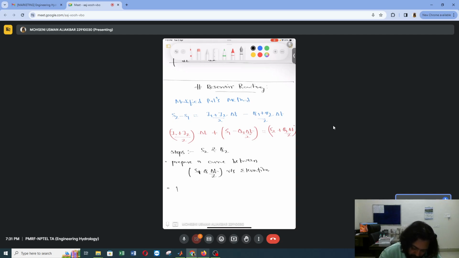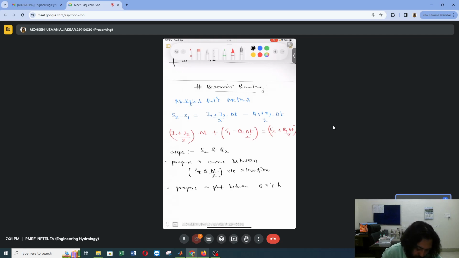Then we are going to prepare another plot, between Q versus head, that is Q versus elevation. So we have two plots now. One is between S plus Q delta T by 2 versus head, and another is between outflow versus head.